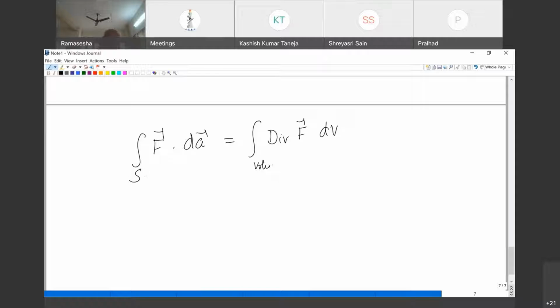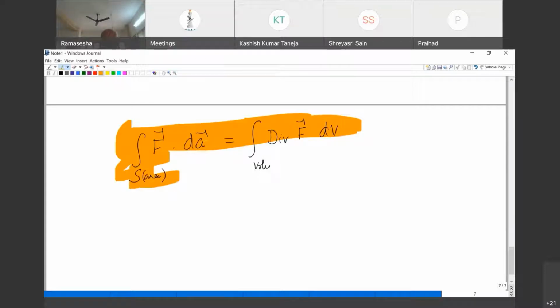So this is the area integral, and you see a relationship between the area integral and a volume integral. The integral of F dot dA over any closed surface is given by the integral of the divergence of F over the volume. And this is called Gauss's theorem.